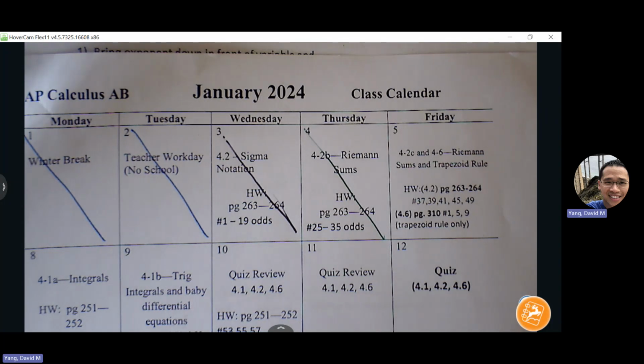Now, today we're going to start talking about the power rule for integrals, and that's going to allow us to find area a lot faster, a lot more efficiently than what we did on Friday. After we learn this, we're going to leave that limit definition behind, but it's still going to be an AP topic, so we have to still revisit it, and it'll be on your quiz on Friday.